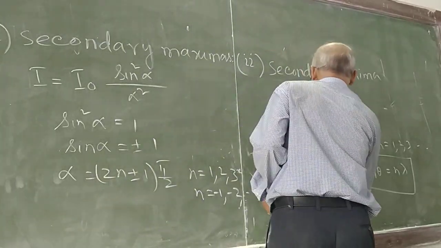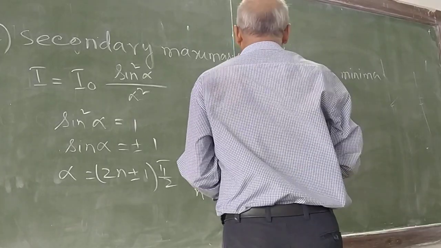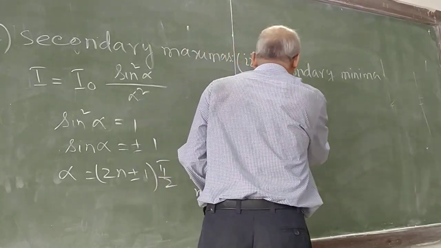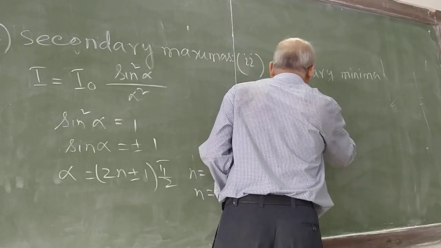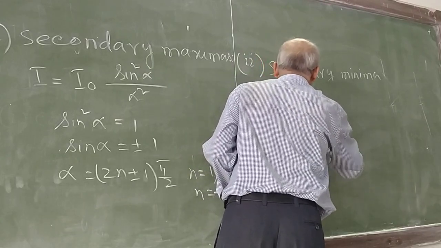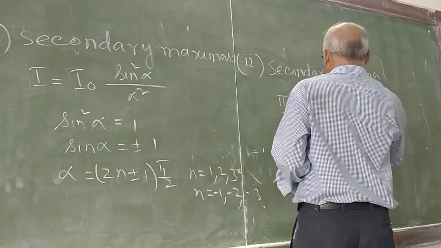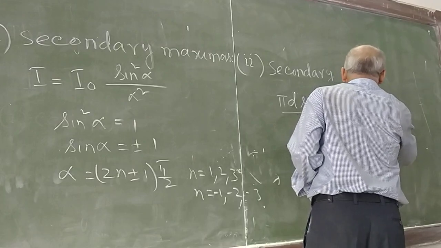Next, tell me what is the alpha value? Alpha is the parameter pi d sin theta by lambda, which is equal to (2n plus 1) pi by 2.